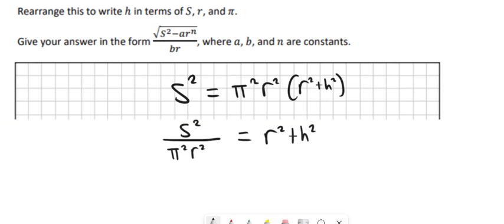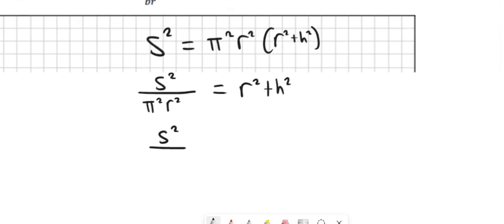So let's bring over the r squared first of all. Now we get s squared over pi squared r squared minus r squared is equal to h squared.